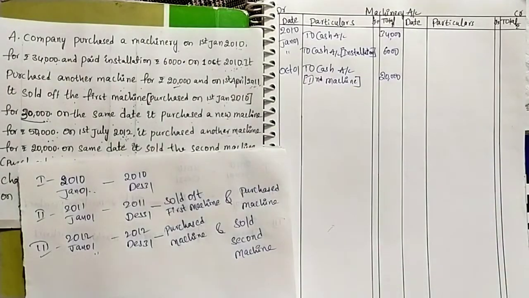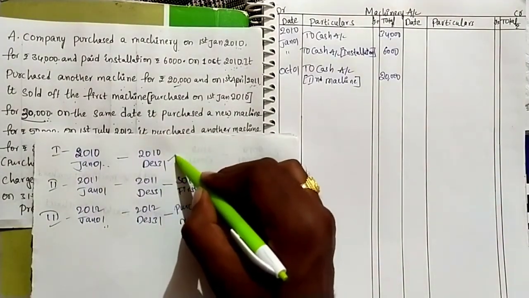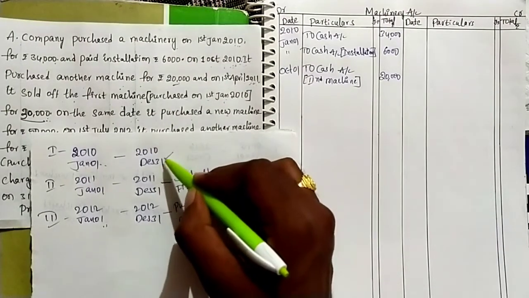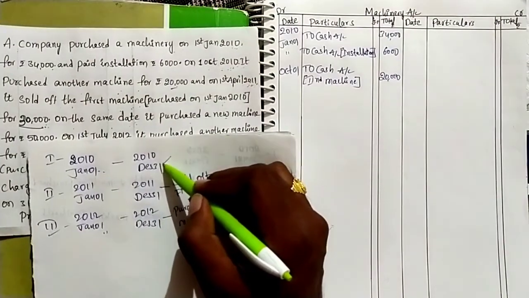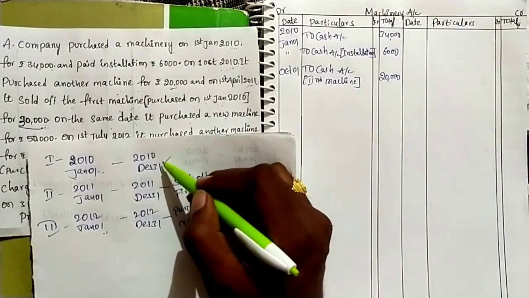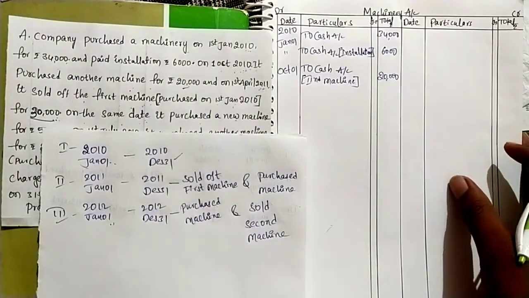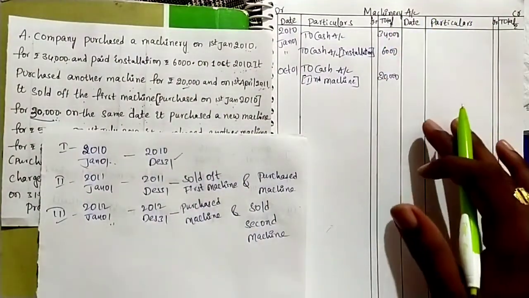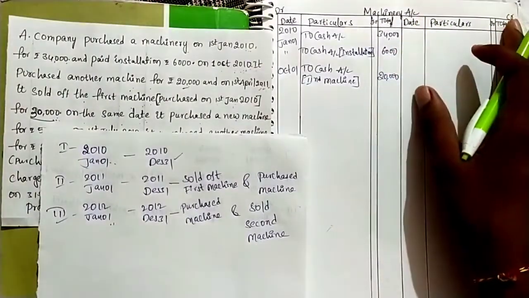Right. So what is the end of the first year? 2010 December 31st. So we have to provide depreciation. At the time of providing the depreciation, machine value will decrease. At the time of decreasing, the machine account is credited.